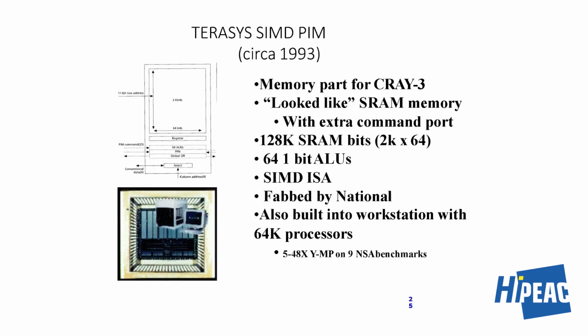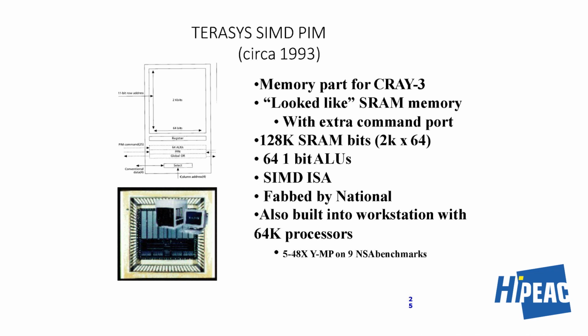This is one of my favorite papers. One of my later works takes inspiration from it, or well, we did that research project first and then realized it's similar to this. This is the TerraSys system. It had a 128 KB SRAM, and outside the memory array, they had bit serial ALUs, which would do bit serial processing near SRAM.